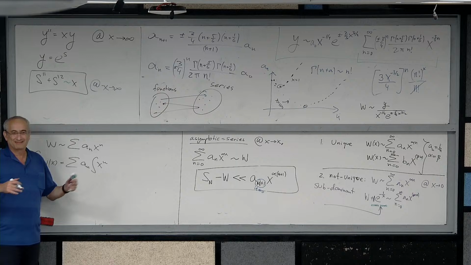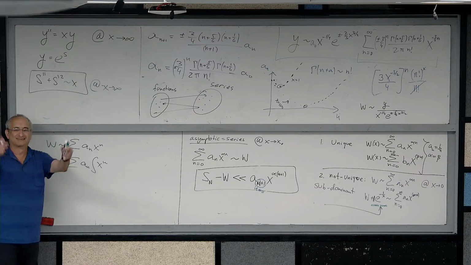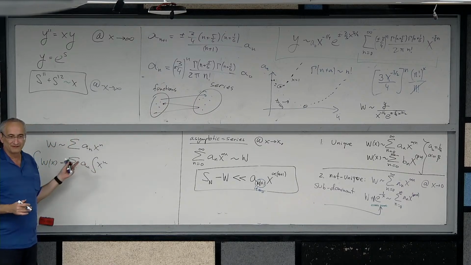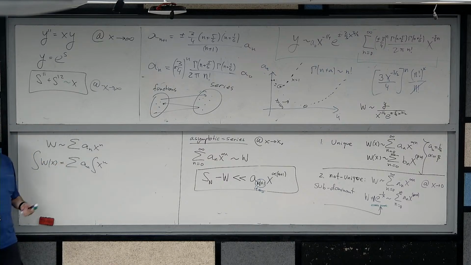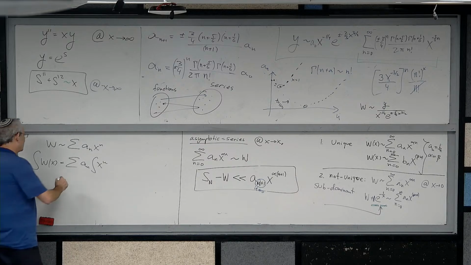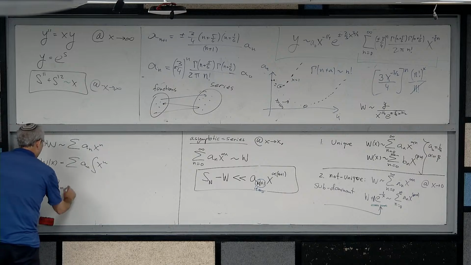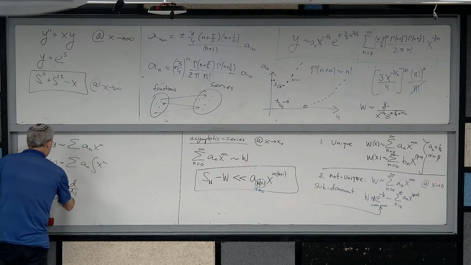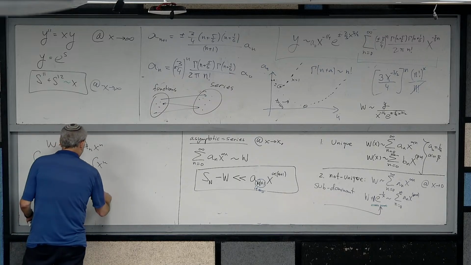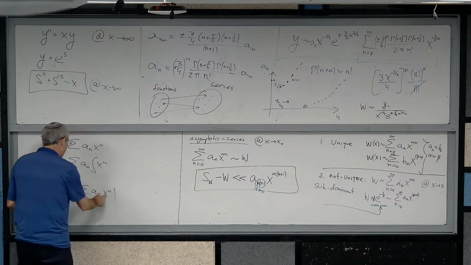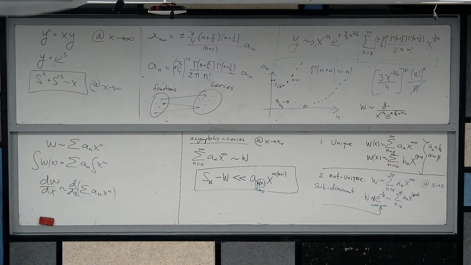But just to let you know that you can integrate both sides of power series without giving it down, right? What about differentiation? Can I write that d dx of W is asymptotic to d dx of the sum of a n x to the n? Can I take derivative term by term?